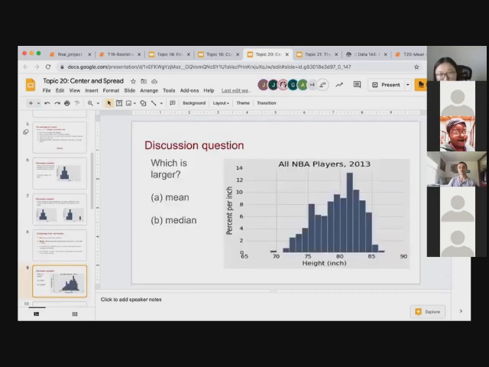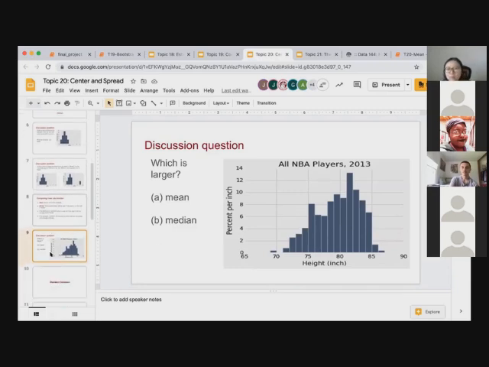And I will also put one more discussion question. In this case, which one is larger, the mean or the median? This is the height, in inches, of all NBA players in 2013. Which one is larger?